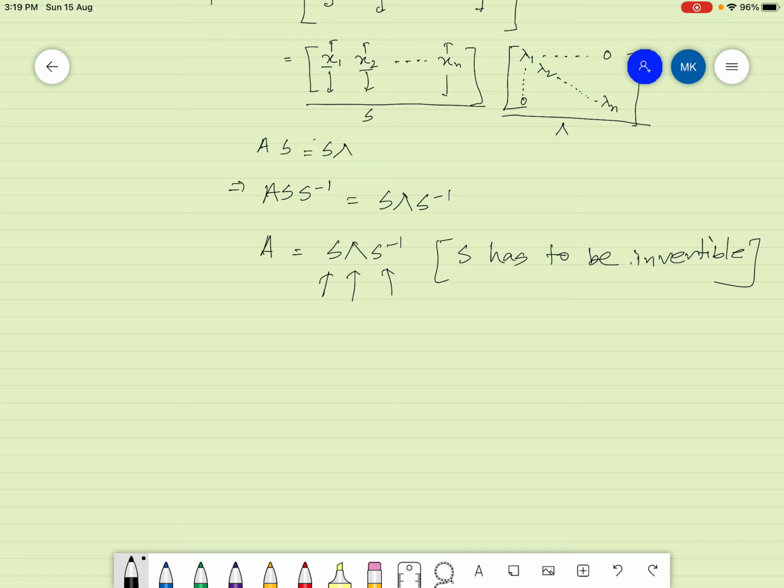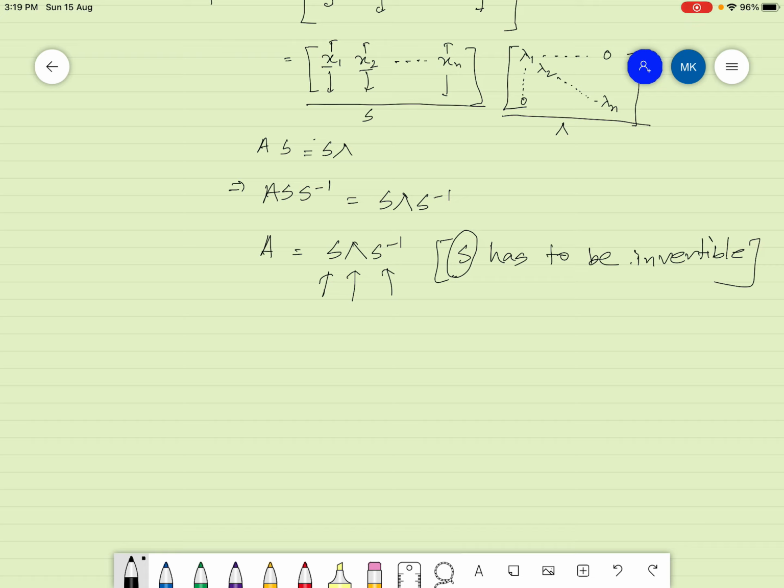But to diagonalize a matrix, you need to have the eigenvector matrix invertible, right? So how to tell that S is an invertible matrix? We saw in the previous lecture that in some cases the eigenvalues are all the same, and for those same eigenvalues you get the same eigenvectors.